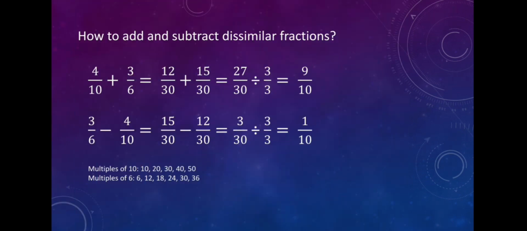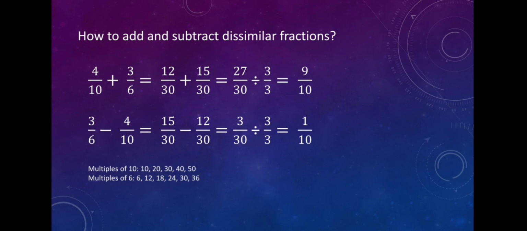So now let us learn how to add and subtract dissimilar fractions. When we say dissimilar fractions, these are fractions that do not have the same denominator. For example, number 1 is 4 over 10 plus 3 over 6. So we must find their least common denominator by simply listing all the multiples of 10 and the multiples of 6.